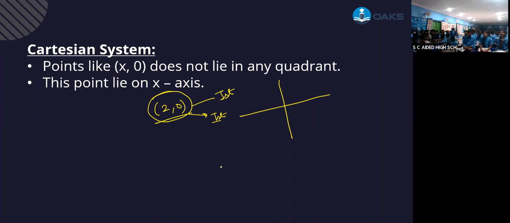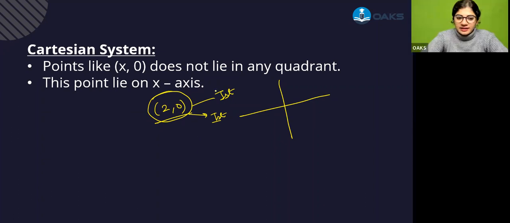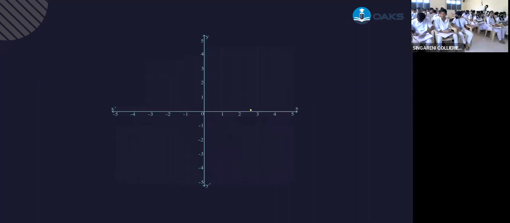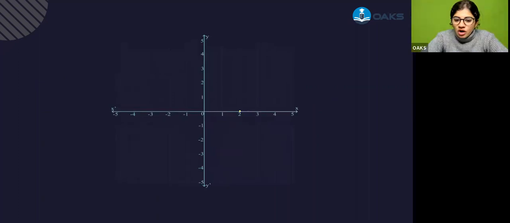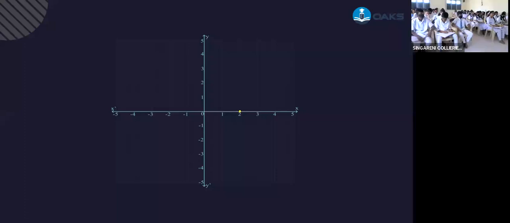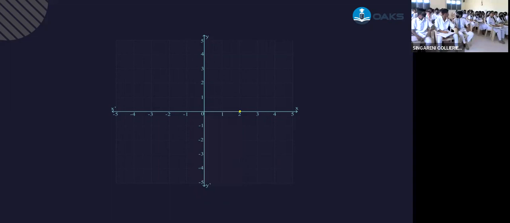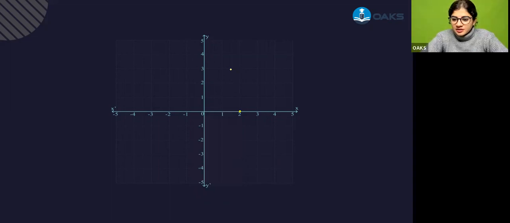Now, when we represent this kind of point, I'll tell you. So this is our Cartesian plane. So (2, 0) will lie on this point. Am I right? So which quadrant is this? Okay, so you are again saying this is first quadrant.